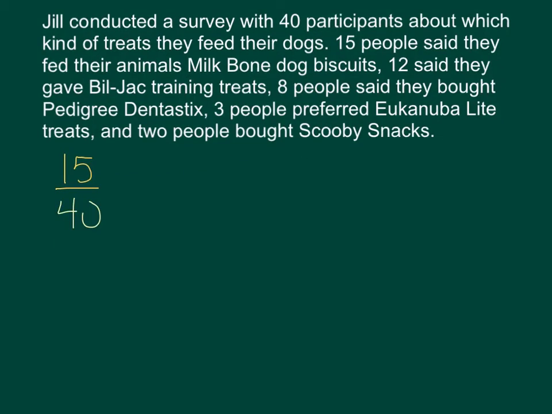Now, in order to change our fraction into a percentage, we're going to do a division problem. The numerator of our fraction becomes the dividend in our division problem. And we're actually going to turn that into a decimal just to make it a little bit easier on ourselves. So that's going to be 15.0 divided by, then the denominator is the divisor.